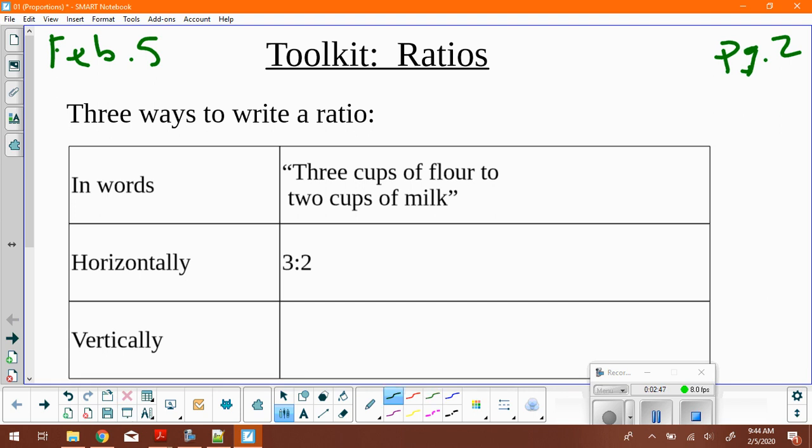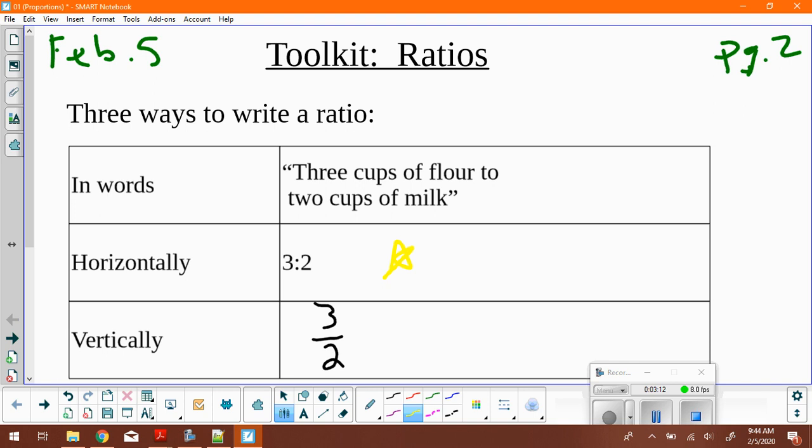So if I was still using this same thing, the 3/2, I would simply write it, 3:2 is 3:2. Typically, when we're talking about the ratio, we tend to write it this way. I only really write it vertically when I want to solve a problem, because the fractional form is a little more useful for solving the problem.